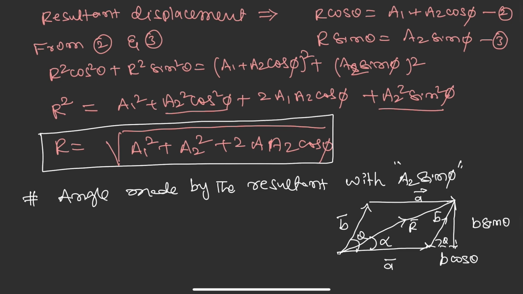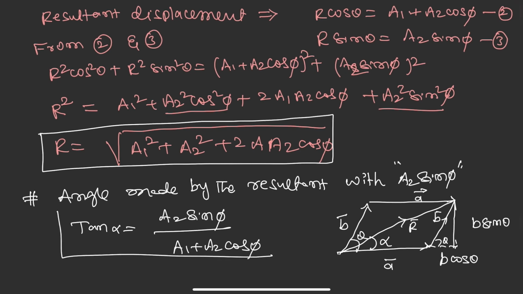Now here it is extended like B sin theta, B cos theta. Same. So the angle made by the resultant, tan alpha is equal to A2 sin phi by A1 plus A2 cos phi is the relation.